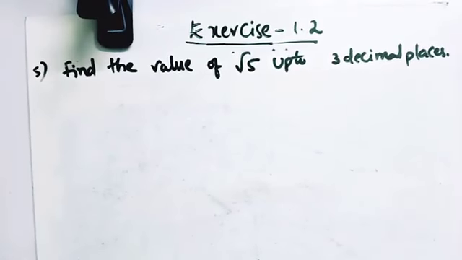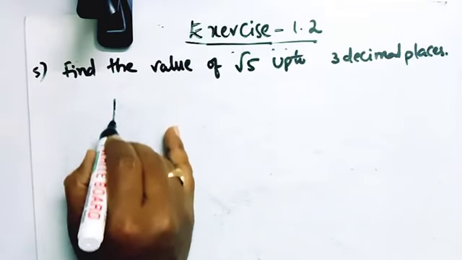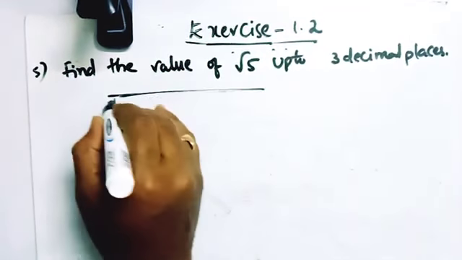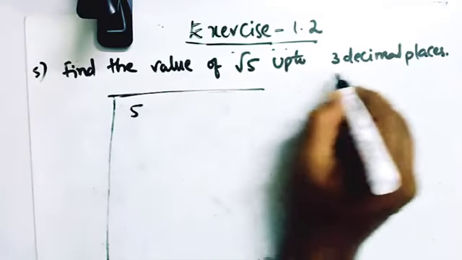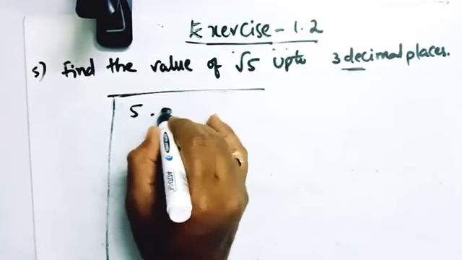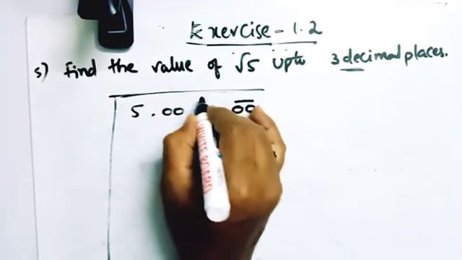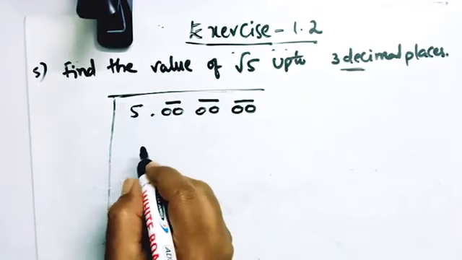Next question, we are finding the value of root 5 up to 3 decimal places. So here we are using the long division method. Taking 5, since we need 3 decimal places, you should take 3 pairs of 0, and on the left side we have only 1 digit.